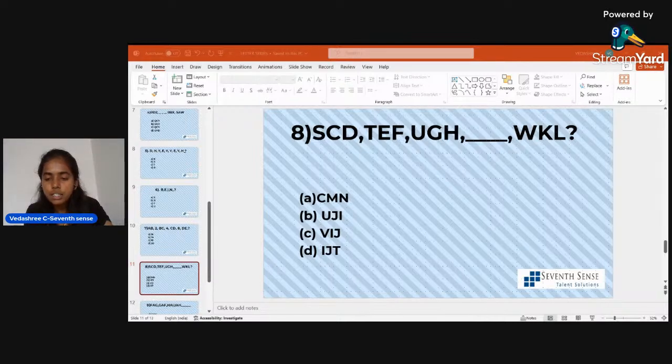So what is the logic? Option C is the correct answer. What is the logic? VIJ is the correct answer. Good. What is the logic?